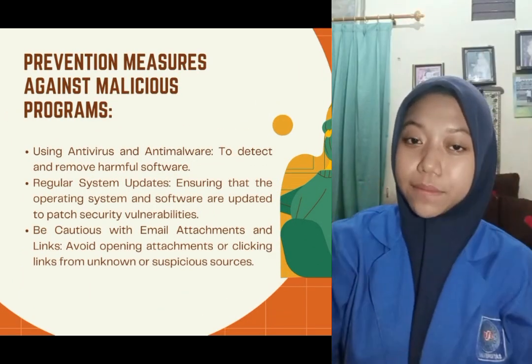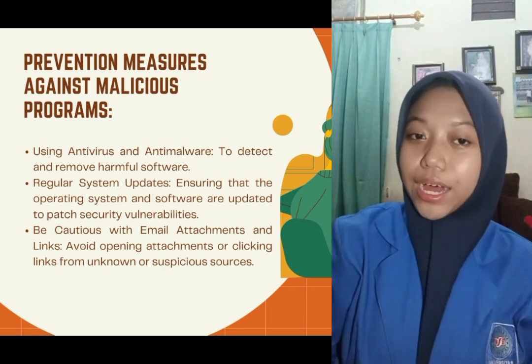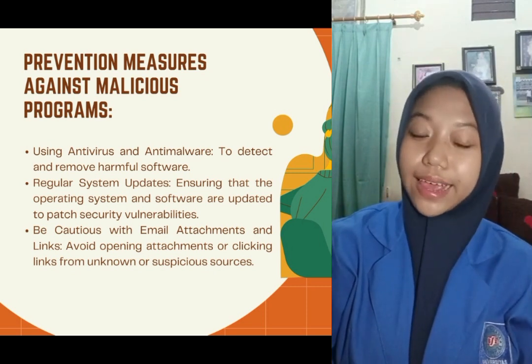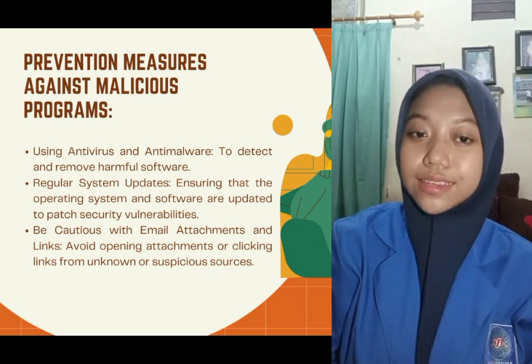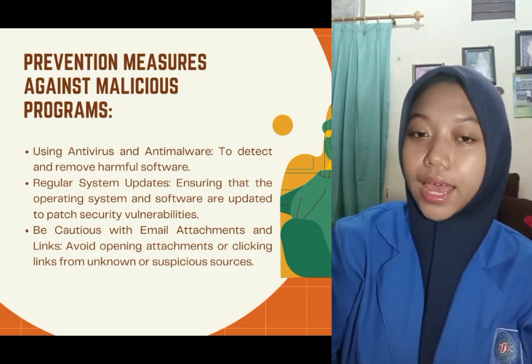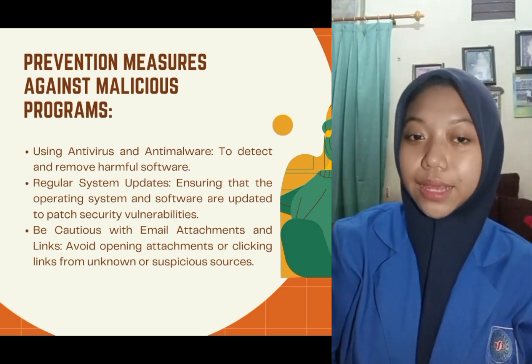Slide 7. Prevention measures against malicious programs. 1. Use antivirus and anti-malware software to detect and remove harmful software. 2. Regular system updates, ensuring that the operating system and software are updated to patch security vulnerabilities. 3.